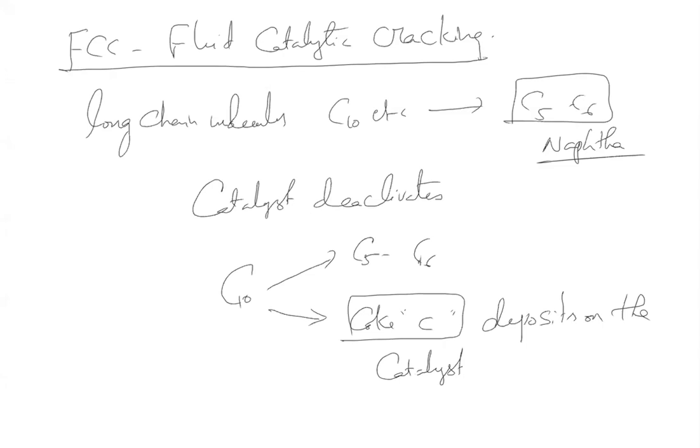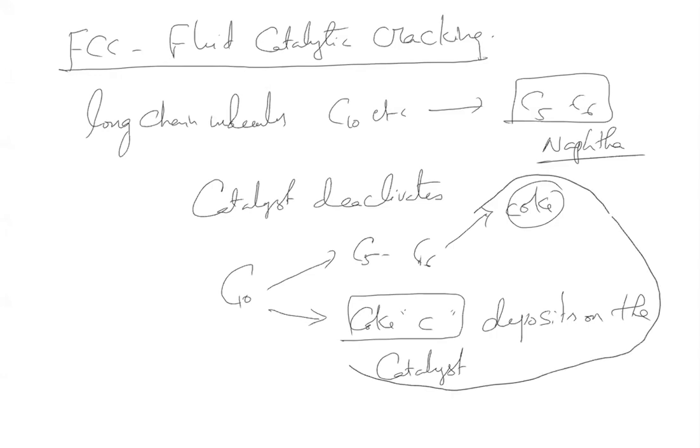This C5 can convert further into coke also. This is my product. It can be A gives B gives C, or it can be A gives C also. So all this coke is something which deposits on the catalyst.